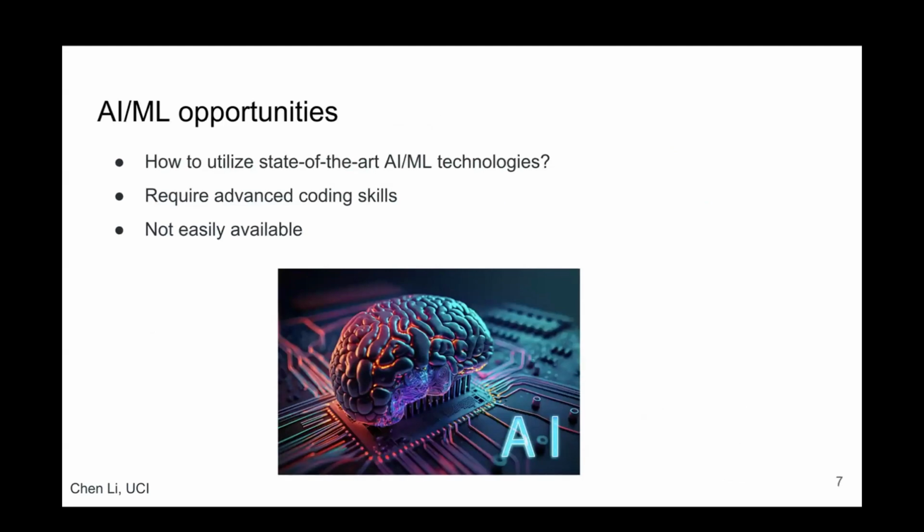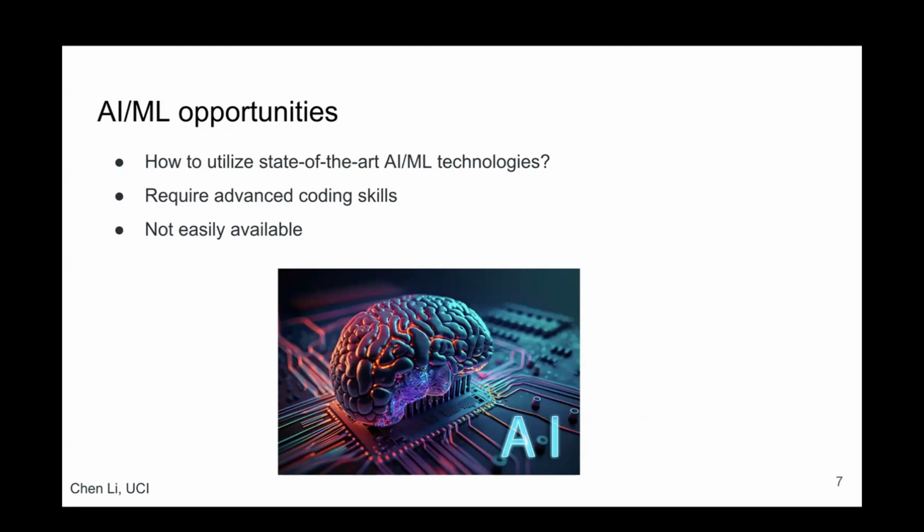Now, here's the rise of AI ML, and we all know AI ML is getting extremely more important. In sequence analysis, biology, and all different scientific disciplines, we are seeing this great opportunity with the rising techniques of AI ML. But the question is, how do we utilize these state-of-the-art AI techniques?